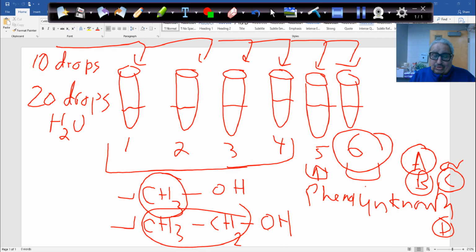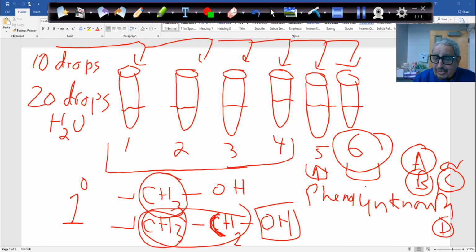So both are primary, because the carbon that carries the OH has only one group. So those are primary alcohols. If the carbon that carries OH has 2 groups, that will be secondary. If it has 3, it will be tertiary.